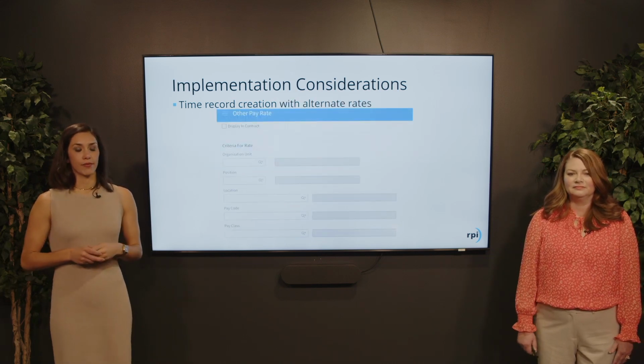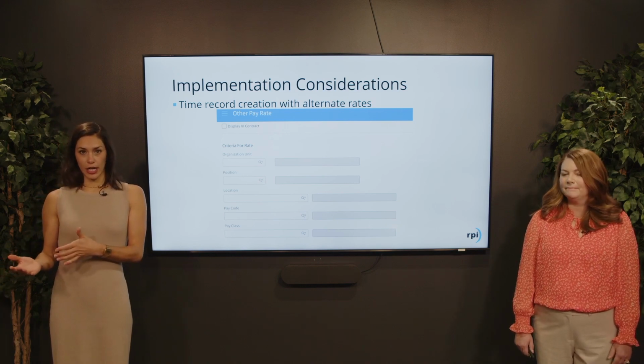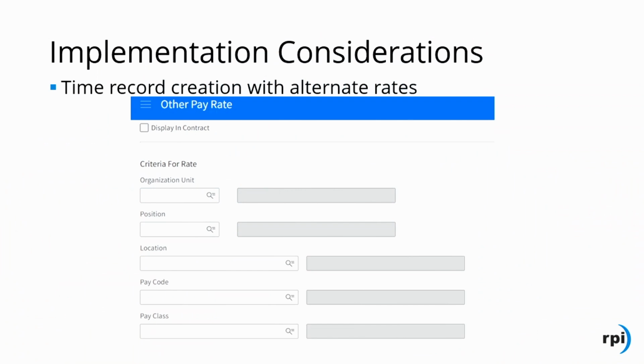Next up, still on time records, this one's about alternate rates. Some of you may have left your alternate rates on the HR 14 screen in S3 because there was no delivered interface between GHR and S3 to pass those back and forth. So you might be considering bringing your alternate rates into GHR at this point, or maybe you're going to do the whole GHR project, including payroll, and bring it all over at the same time. Either way, some of the criteria on the other pay rate screen is different in GHR than in S3.